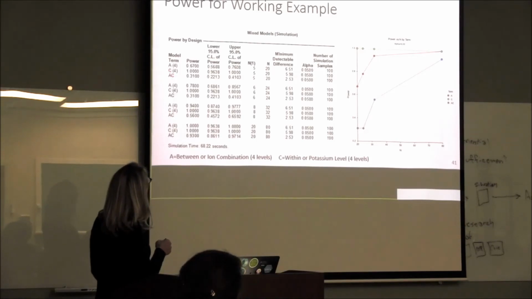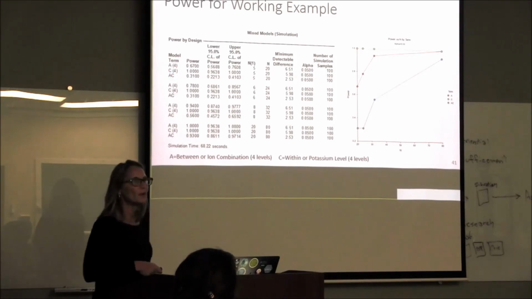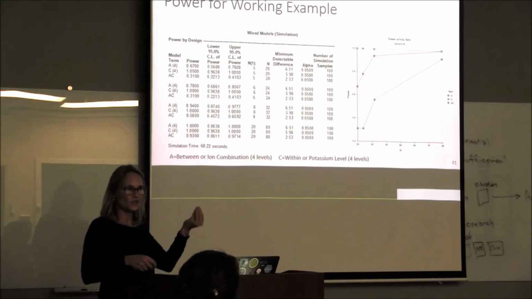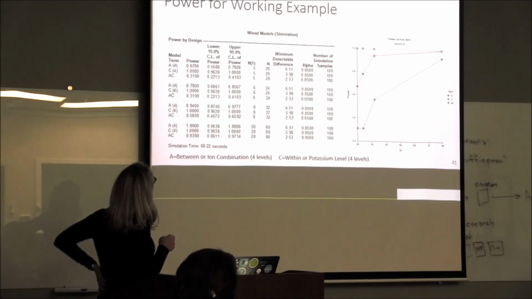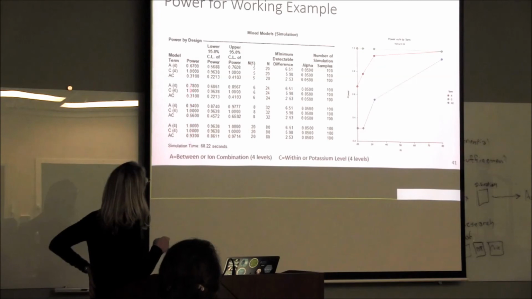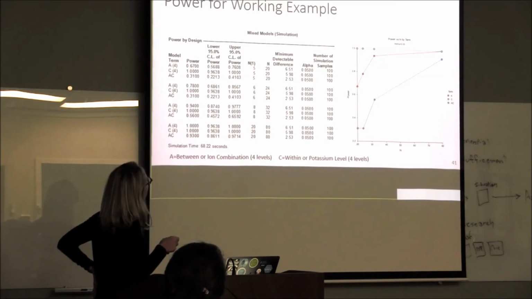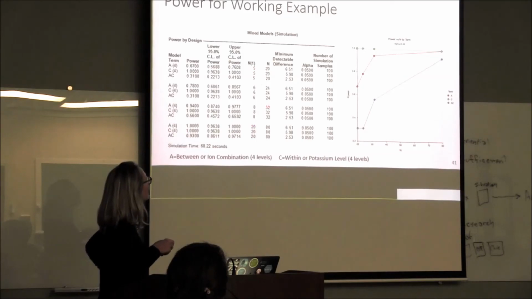And then, of course, there's another grouping variable, and that was the 4 combinations of sodium and calcium. Okay, so what this shows is power for sample sizes of 5, 6, 8, and 20.